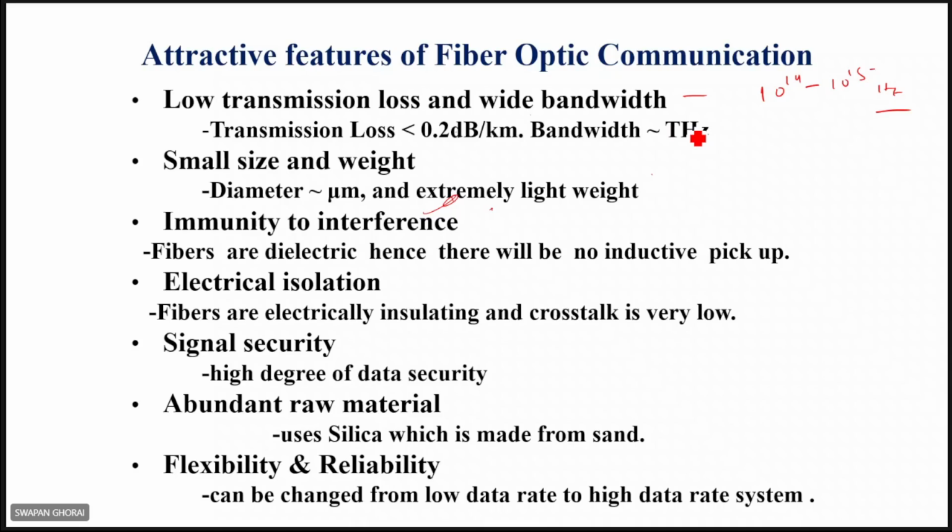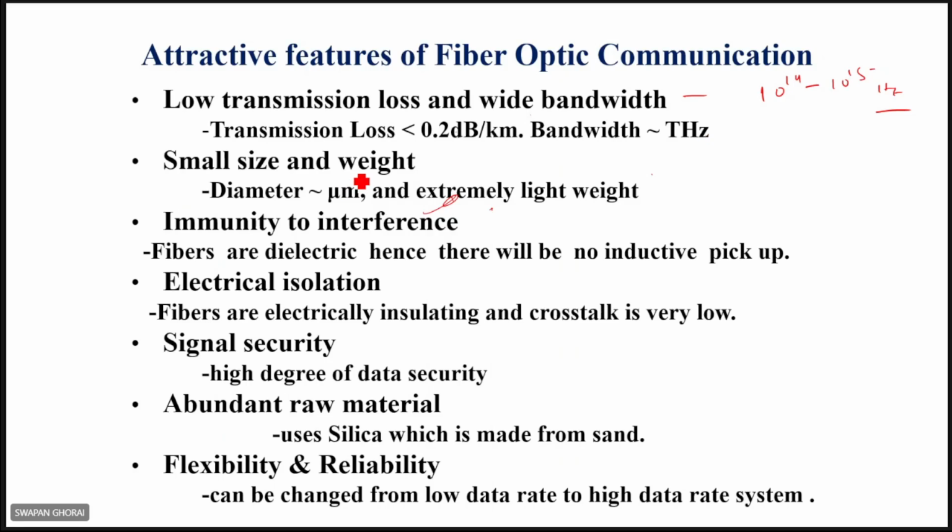It will be clear that most connections, the backbones, are through optical fibers. Only from the tower to your mobile or users is wireless. Other than that it is through optical fibers. So that is the first feature: very low loss and very high bandwidth.